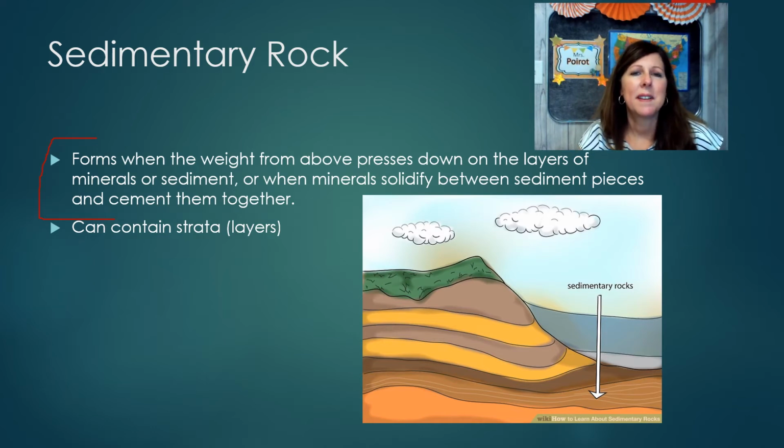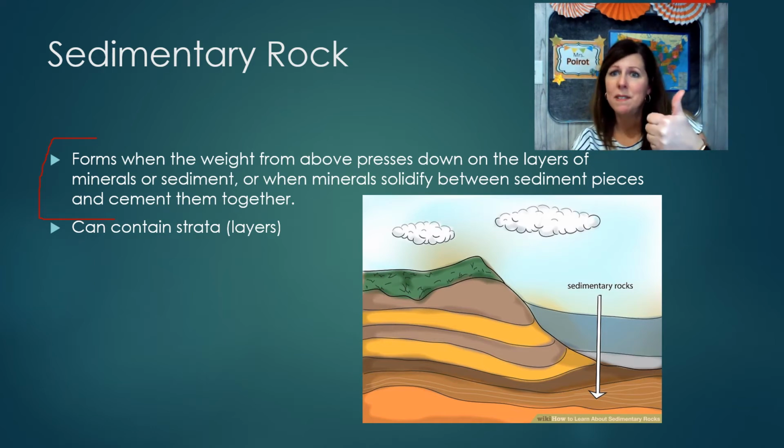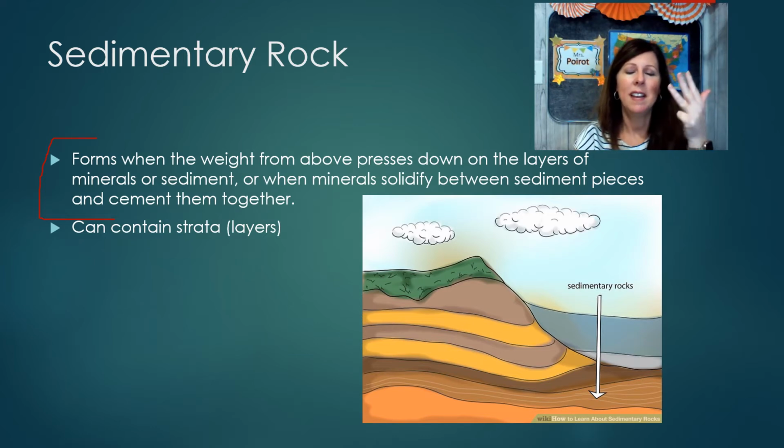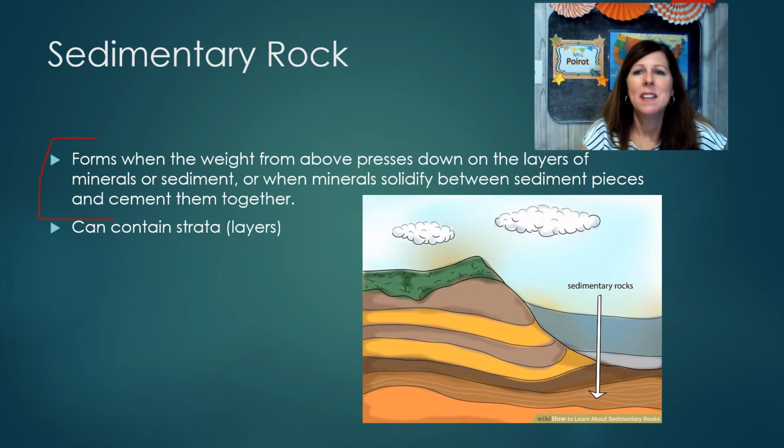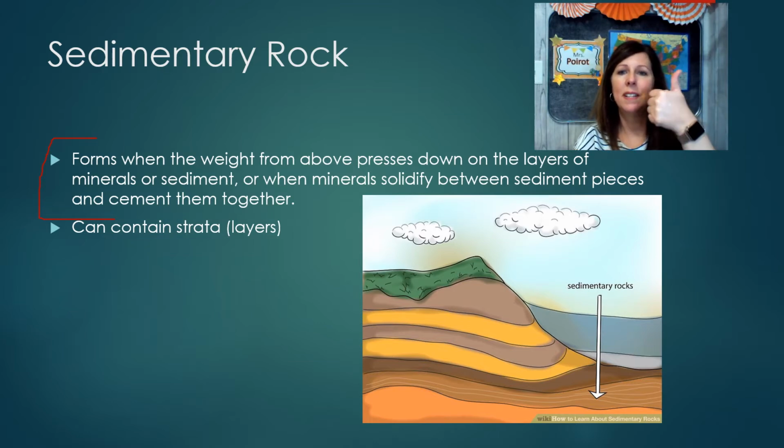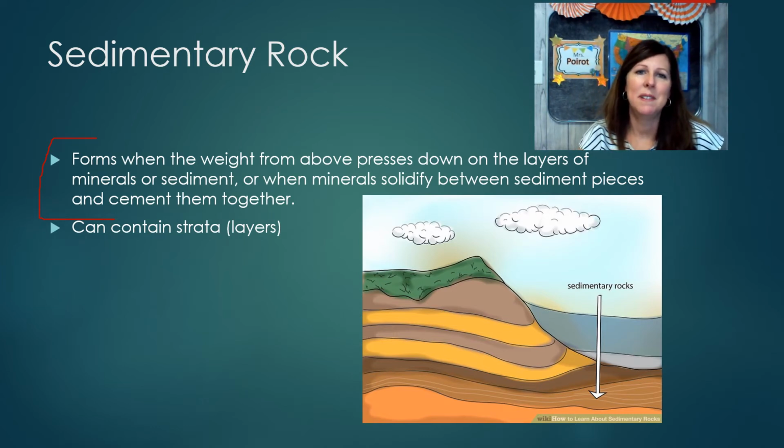Some of these processes include weathering, erosion, deposition, burial, and then finally the cementation that keeps those all together. So based on the way that they form, scientists have classified these rocks into clastic, chemical, and organic sedimentary rock.